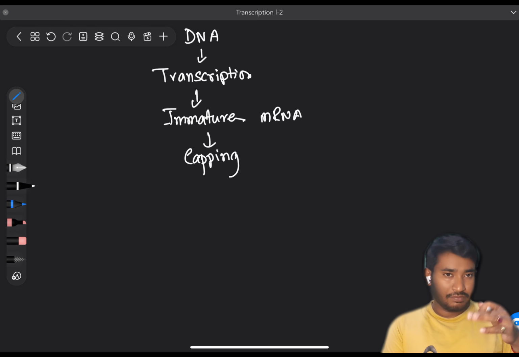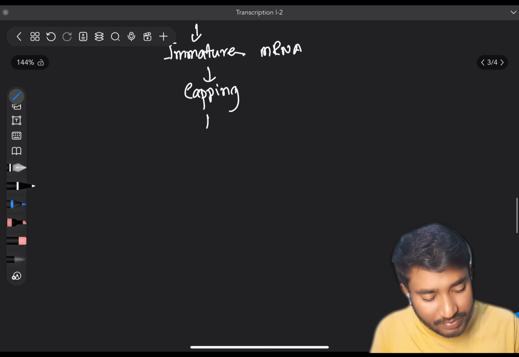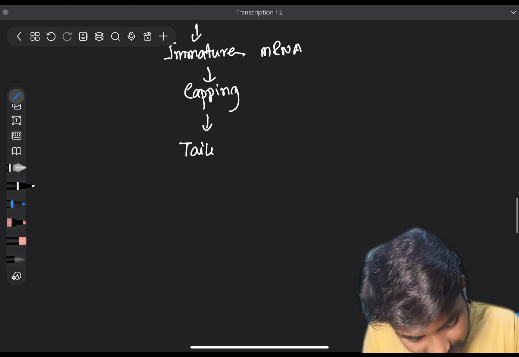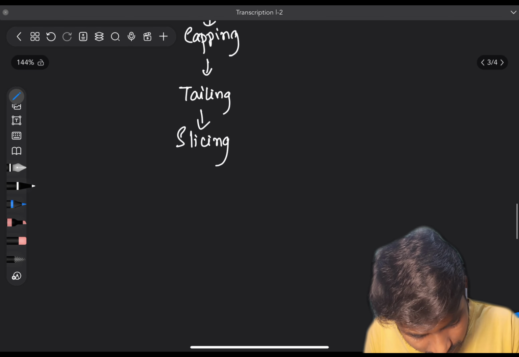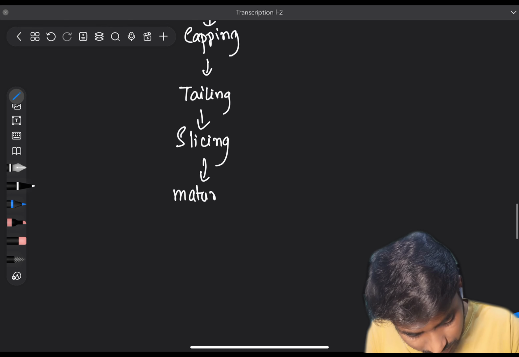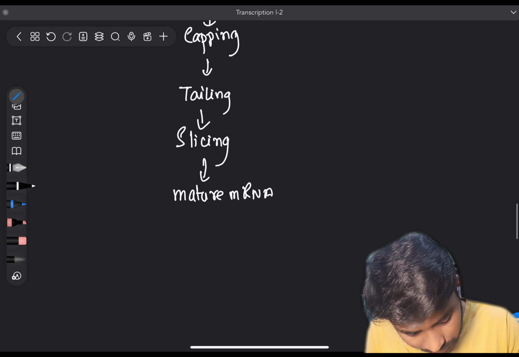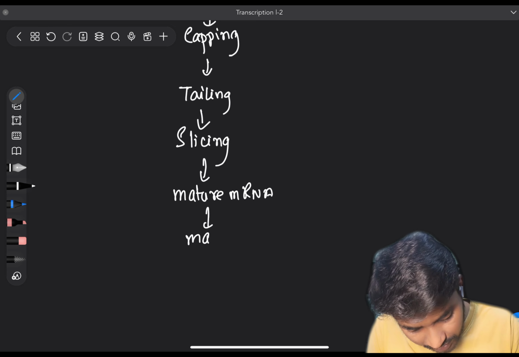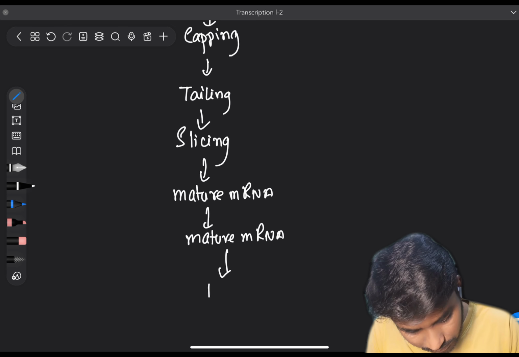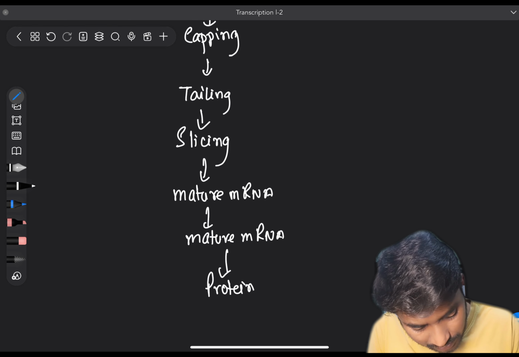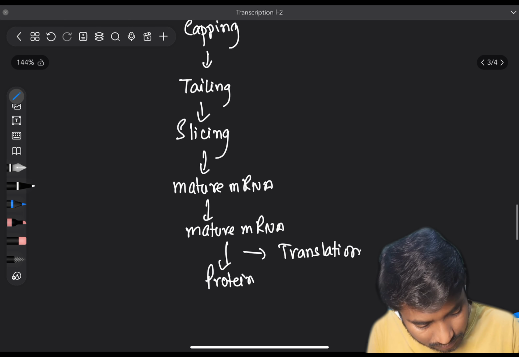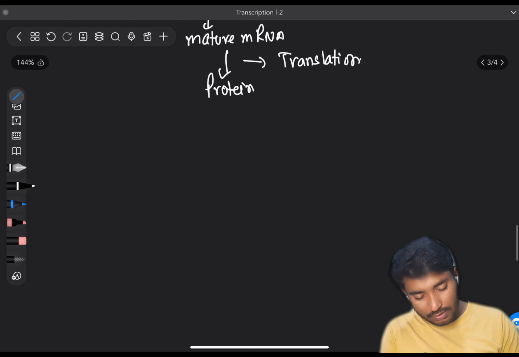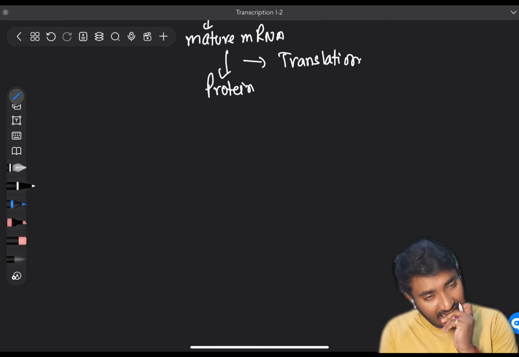A, B, C, D, E will be given in the options, and the MCQs will be patterned like it. Capping, then tailing, then splicing, and after splicing the mature mRNA forms, and the mature mRNA will convert into protein, and this process is called translation.